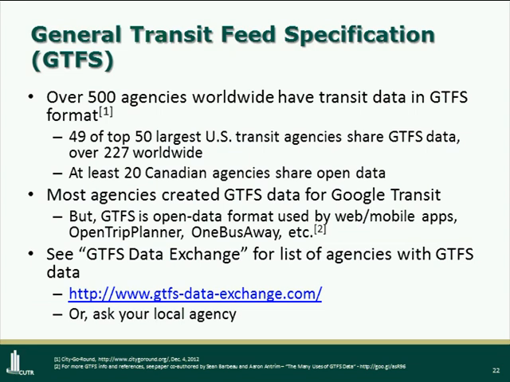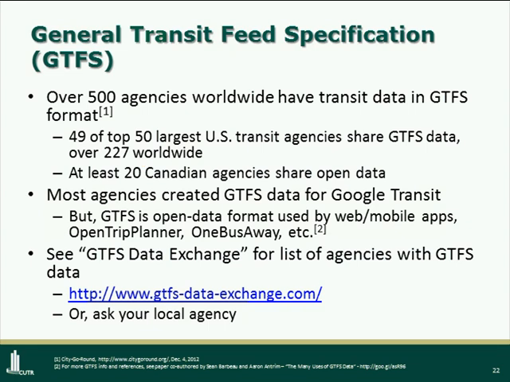So currently there's over 500 agencies worldwide that have their data in GTFS format, and that includes 49 of the top 50 largest U.S. transit agencies by passenger mile who openly and publicly share their data, and also over 227 agencies worldwide that have chosen to publicly share their GTFS information. That includes, if we're looking at North America, at least 20 Canadian transit agencies as well.